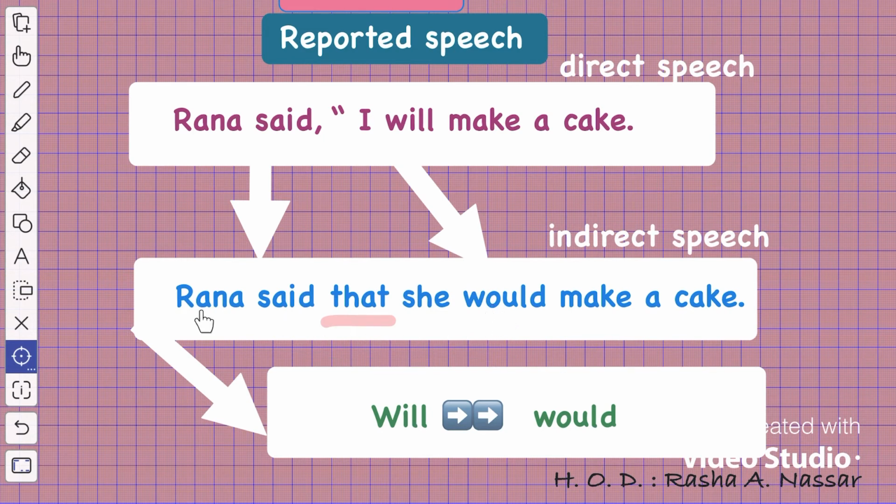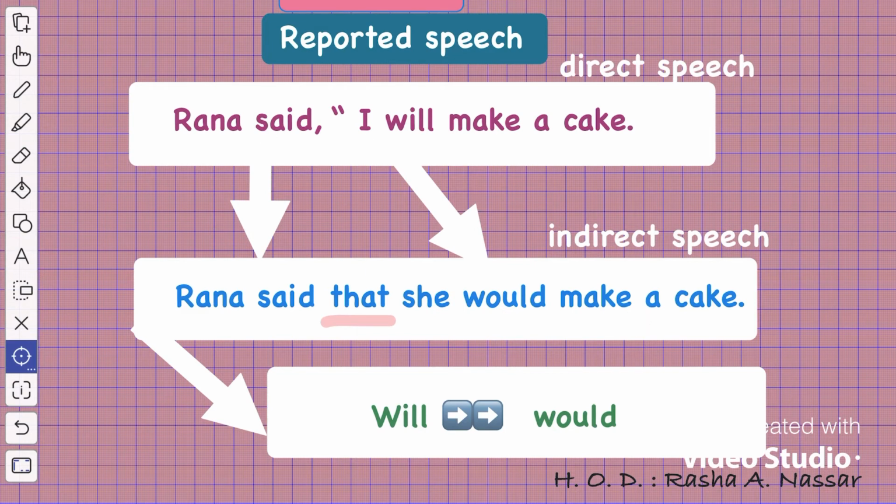Of course I will write said and would. Why? Because the past form of will is would. So here would is the past form of will. And of course it is suitable to be written with said because they are one sentence.